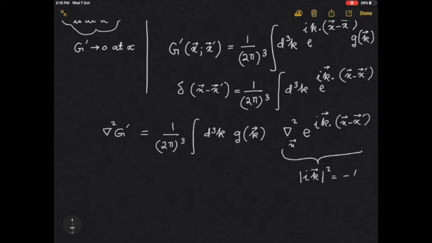So I will get ik mod square, which is nothing but minus k square. And then it's a nice exponential derivative, so I will have the exponential left over. So this will be minus k square times e to the power ik dot x minus x prime.